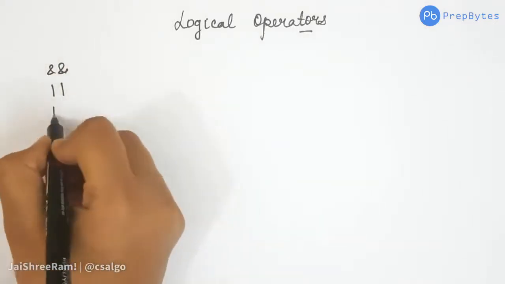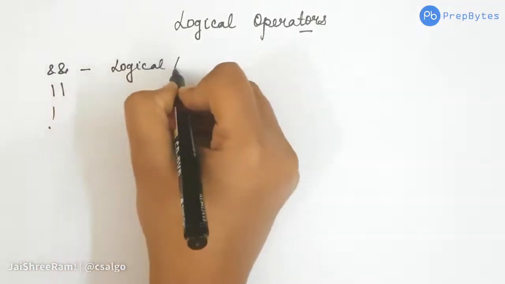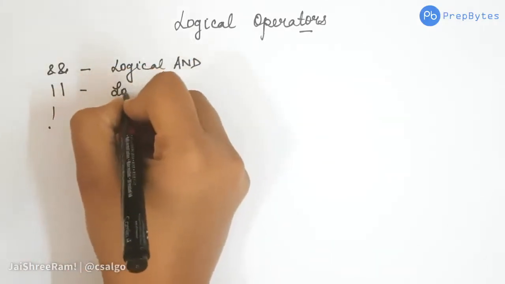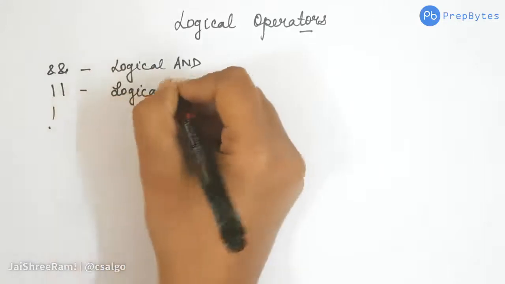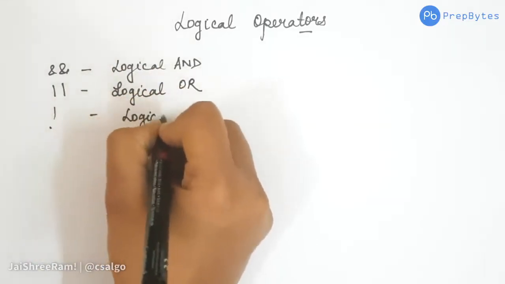and logical not. This is logical and, this is logical or, and this is logical not.